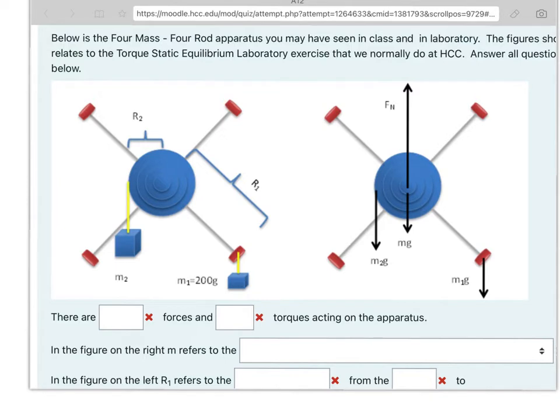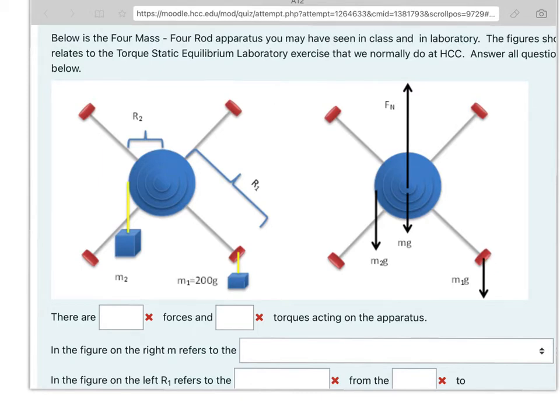And so there's the tension in the string pulling on this side, and as long as the mass isn't accelerating, the force is going to be equal to the weight of the mass, m2g. And we hang another string here, and so that's a tension force, but the tension force in the string is going to be equal to the weight of the mass hanging, and so that's m1g.